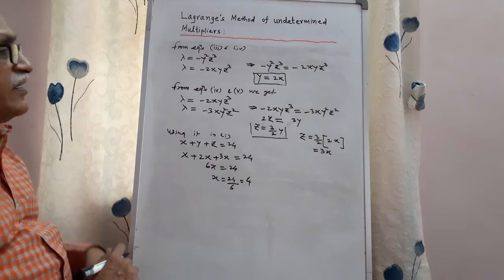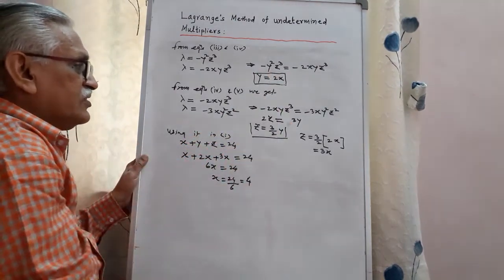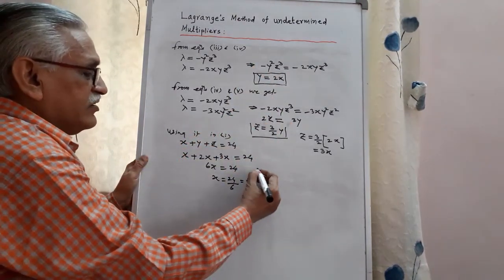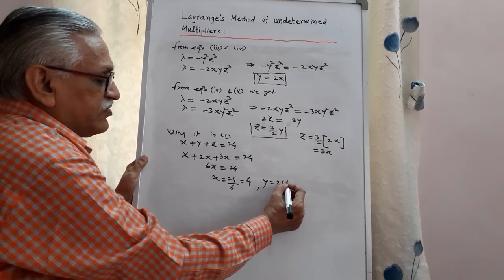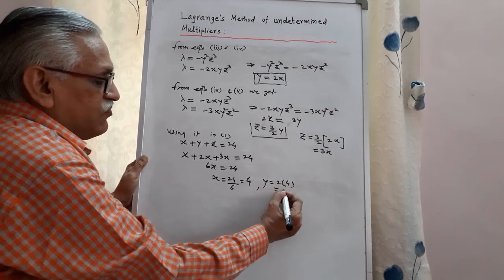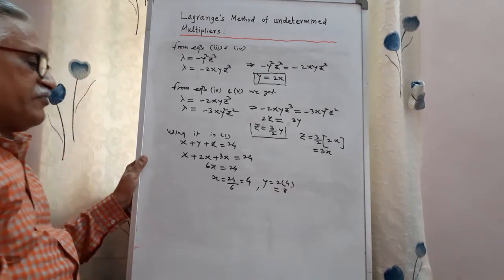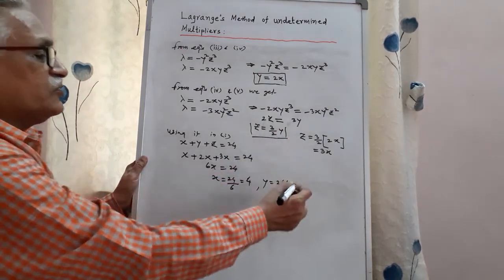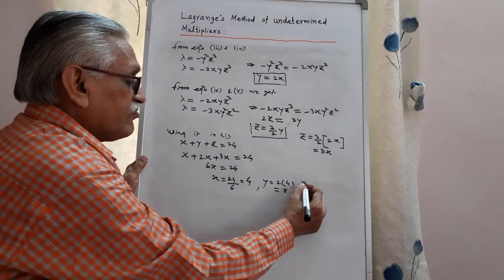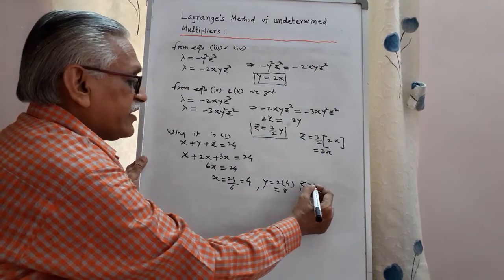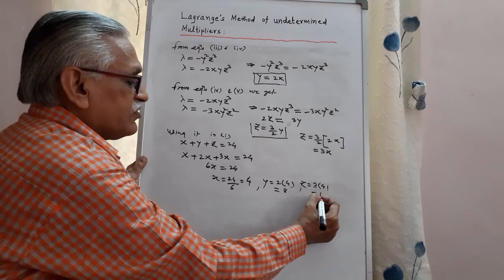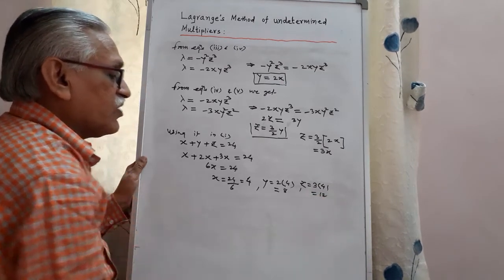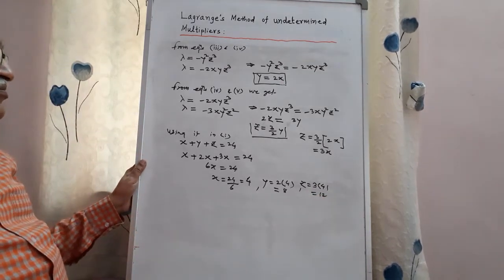Okay, then put the value of x in y: y is equal to 2 into x, x is 4, therefore we get the value of y as 8, and z is equal to 3x, 3 into x, x is 4, therefore it is 12.